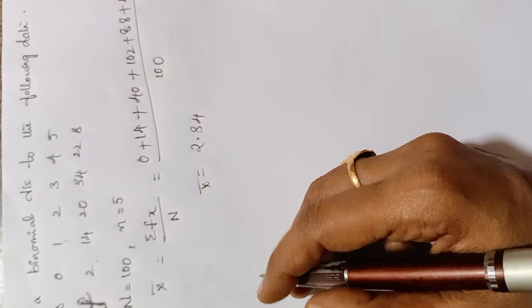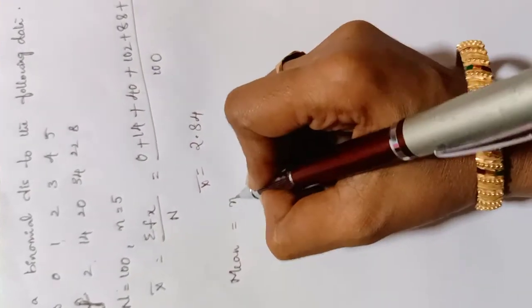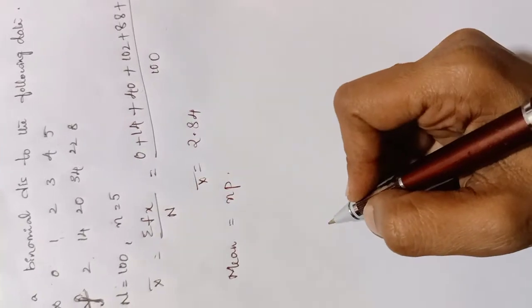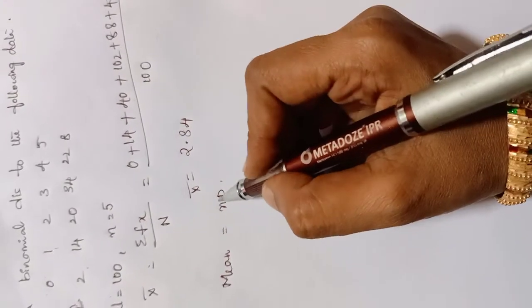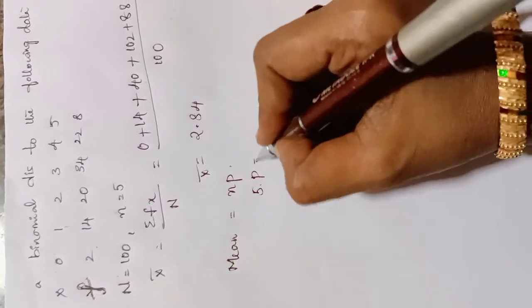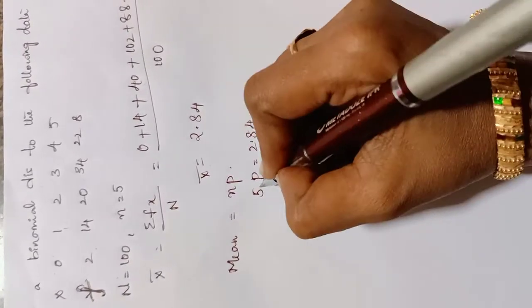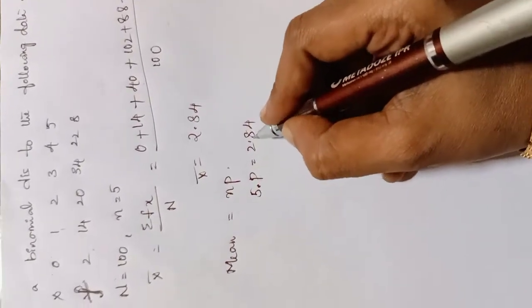Then here we have to take the formula for the mean. The mean of a binomial distribution is equal to n into p. Here we know the value of n, that is 5 into p. The mean, which we already calculated, is 2.84. So 5 into p equal to 2.84.